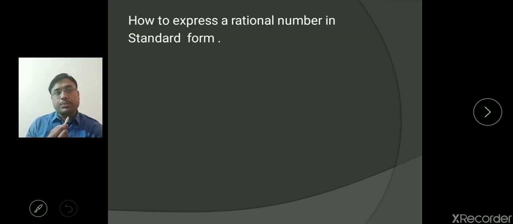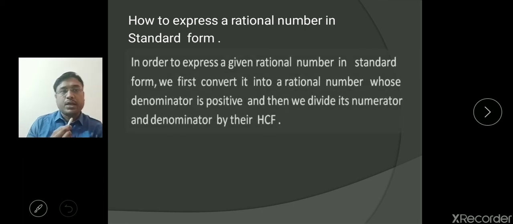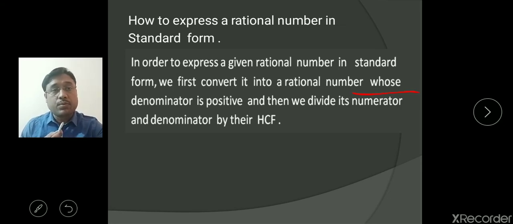Then how to express a rational number in a standard form? In order to express a given rational number in standard form, we first convert it into a rational number whose denominator is positive. Means first make the denominator positive and then we divide its numerator and denominator by their HCF, means highest common factor.